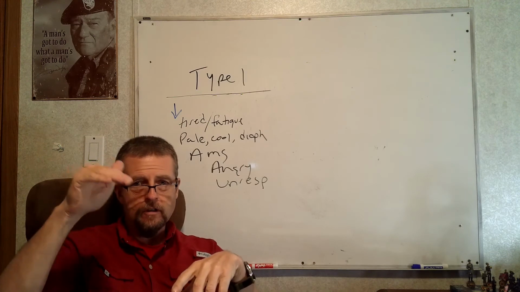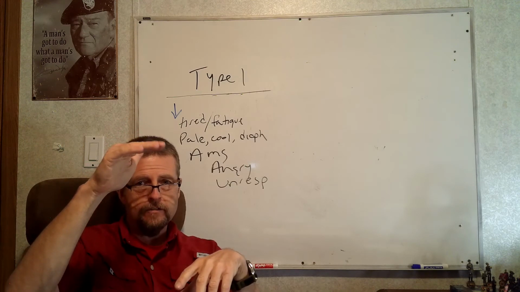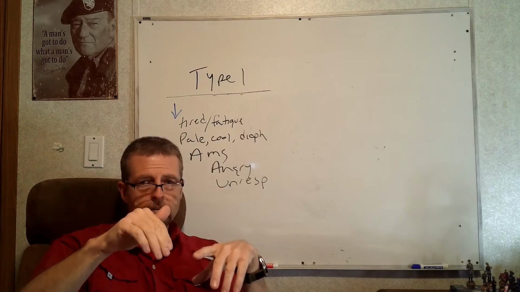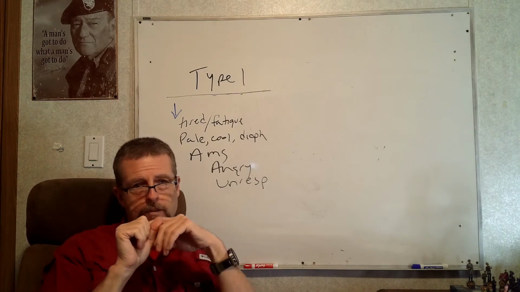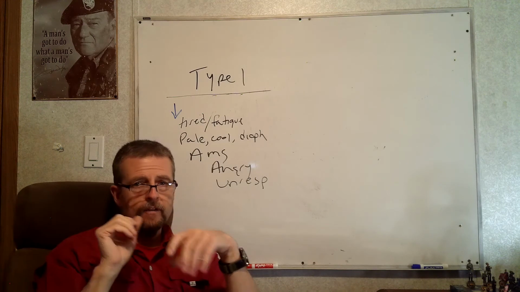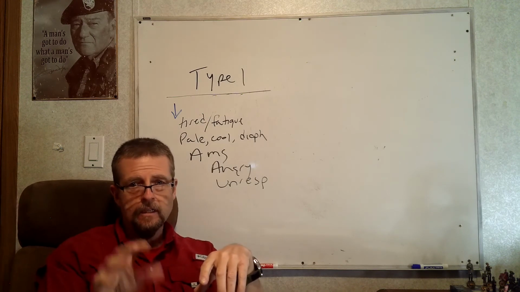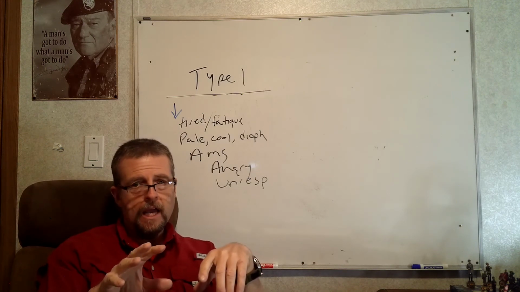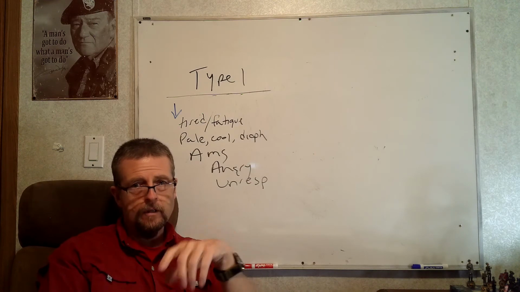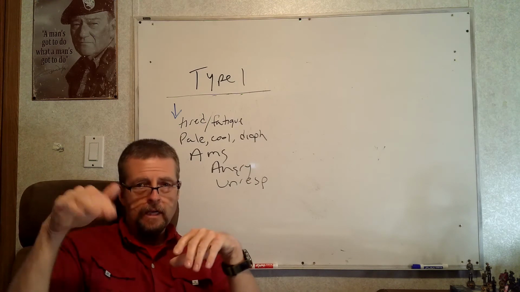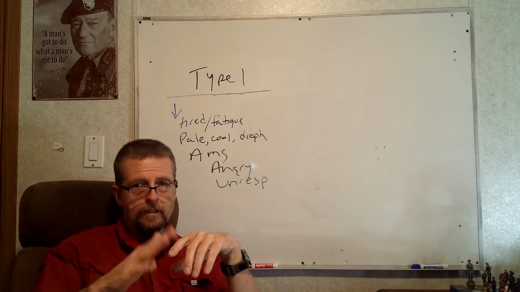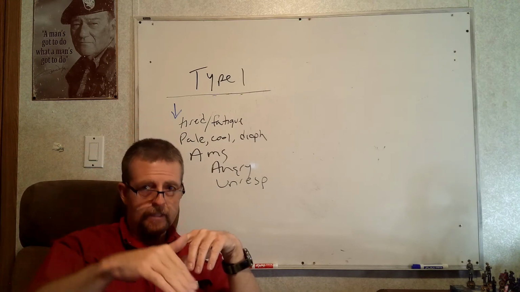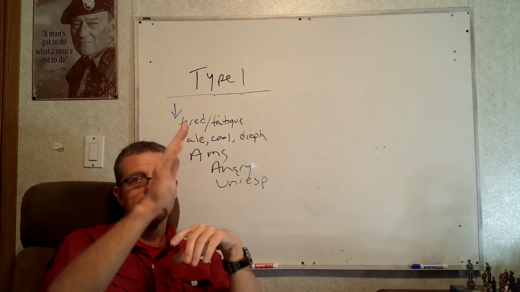And so your sugar's starting to climb, and then your sugar will start to go down, and your body goes, oh crap, it's going to start to drop. I better release some glucose to the system. And the way it does that is it releases glycogen into the system, and that converts to glucose and brings your blood sugar back up. And so all day long, your body does this with insulin, glycogen, insulin, glycogen, insulin, glycogen.